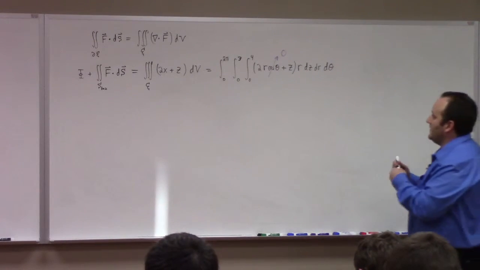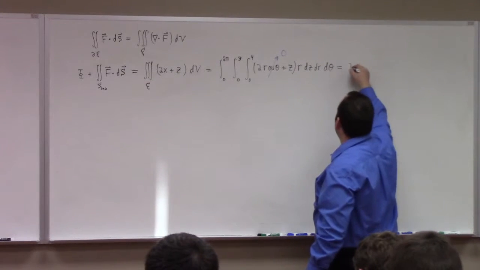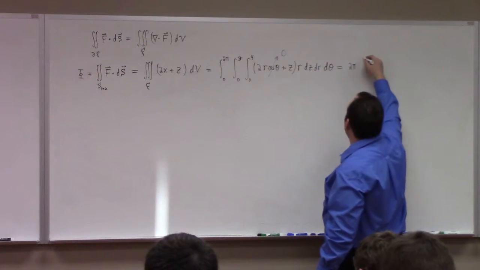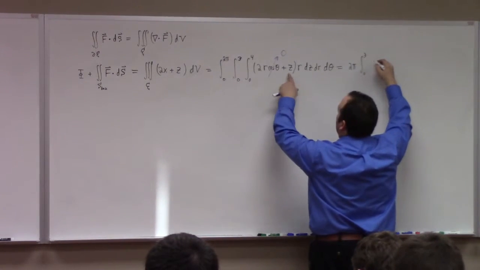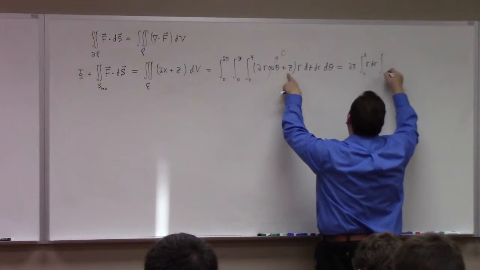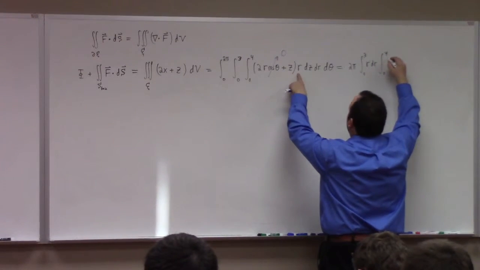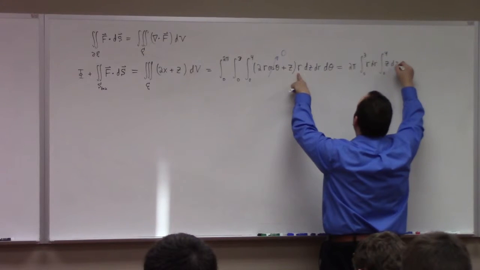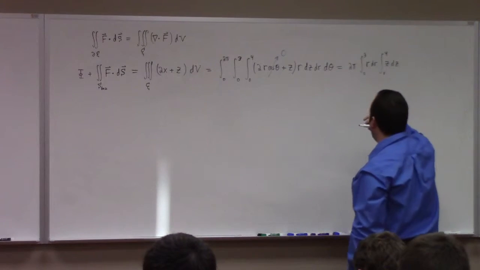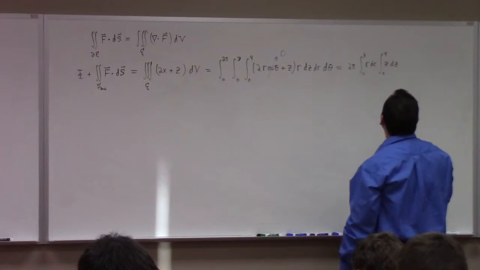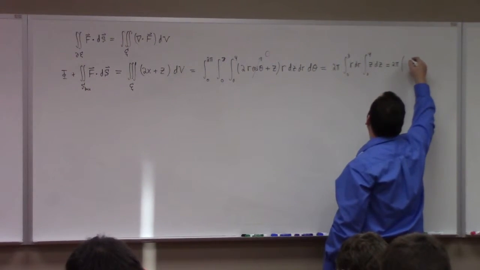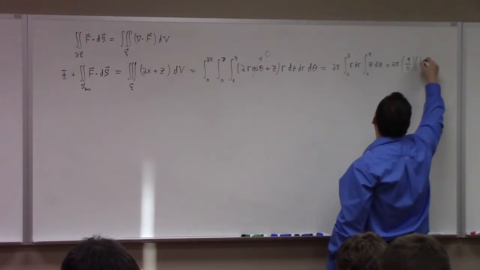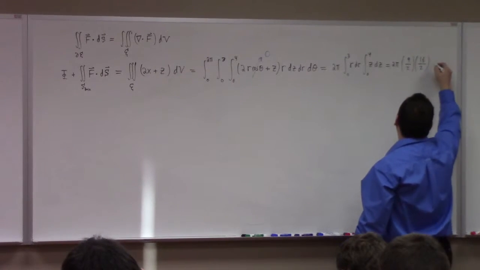All we really have to calculate then is 2 pi from the theta integral, and then the integral from 0 to 3 of r dr, and the integral from 0 to 4 of z dz. Which is 2 pi times 9 over 2 times 16 over 2, which is what?